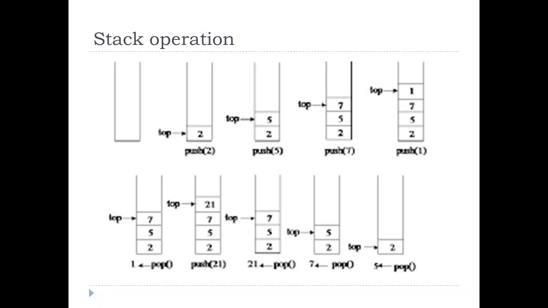When we execute a pop operation, it will take 21 out of the stack because 21 is pointed to by top. Then we execute another pop operation which takes 7 out of the stack, and then the next pop operation will take 5 out of the stack. So this is how the push and pop operations are executed on a stack.